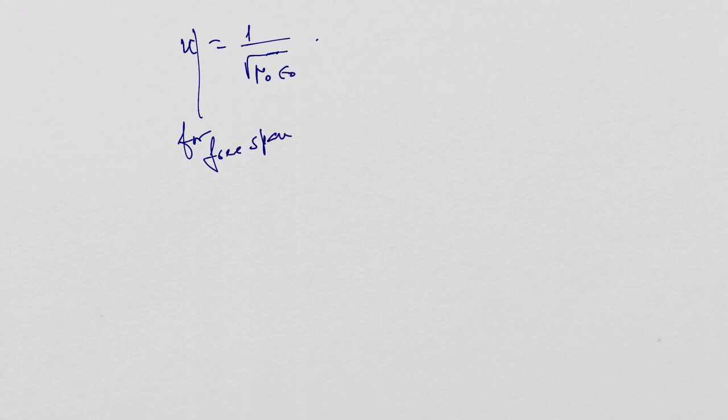So u is equal to 1 divided by square root of mu naught epsilon naught for free space, which is 3 into 10 power 8 meter per second. With this, the solutions for the non-homogeneous wave equations are obtained.